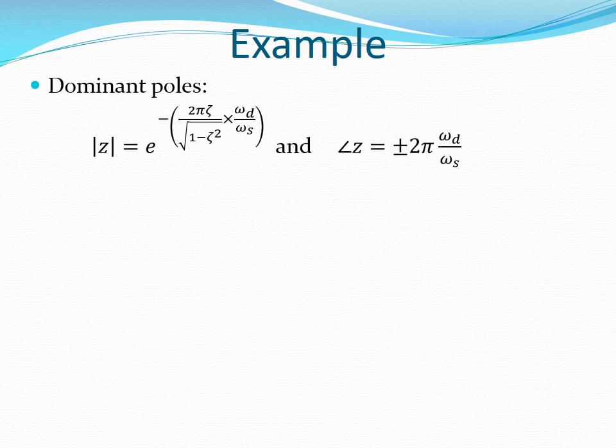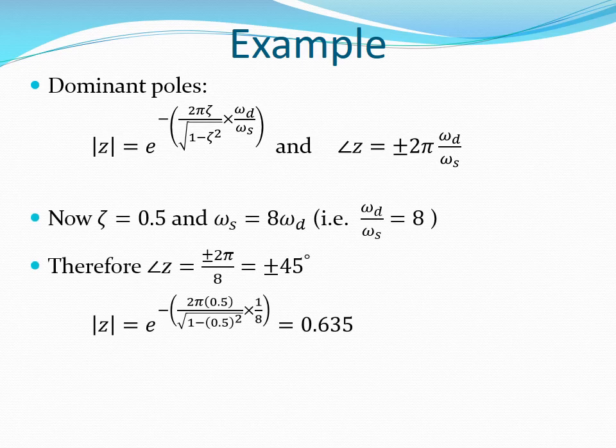From an earlier discussion, the magnitudes and the arguments of the dominant poles are described by the expressions shown. Now, omega d over omega s equals 1 over 8 and zeta equals 0.5. If we substitute these into the expressions that describe the dominant poles, we obtain the arguments of the dominant poles as plus or minus 45 degrees.